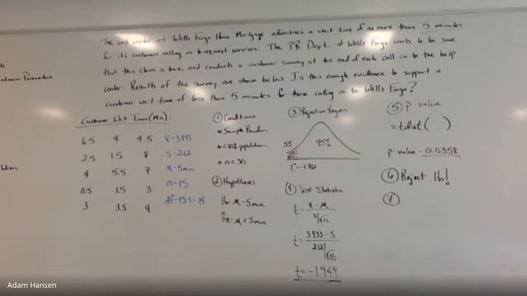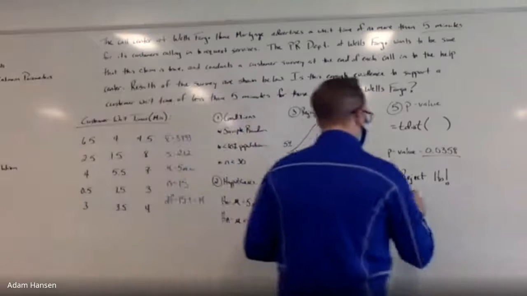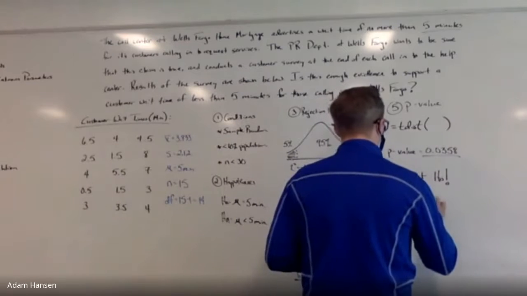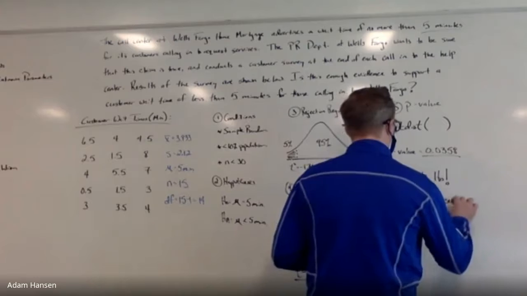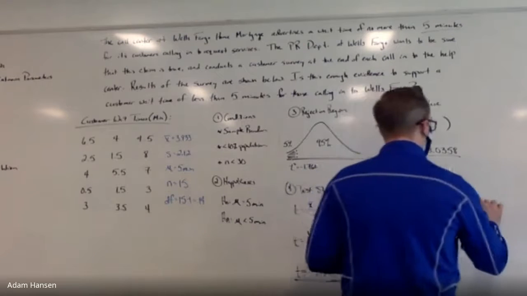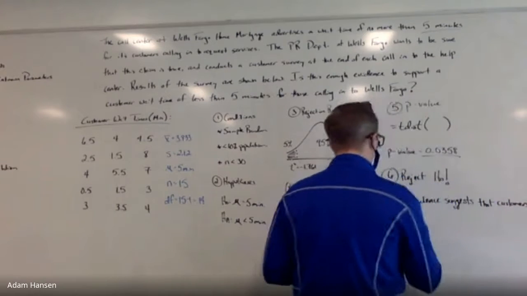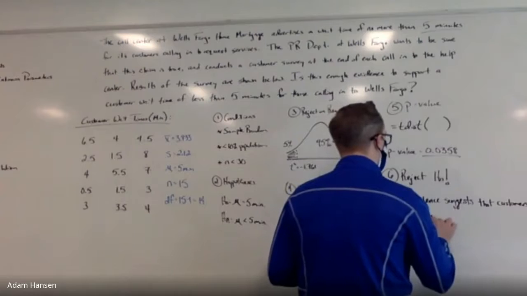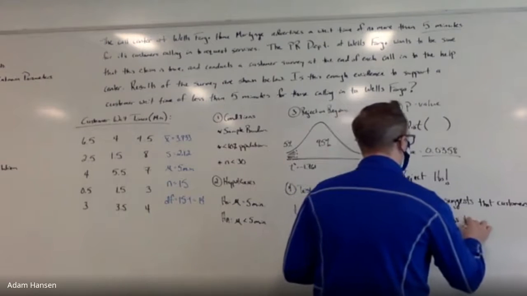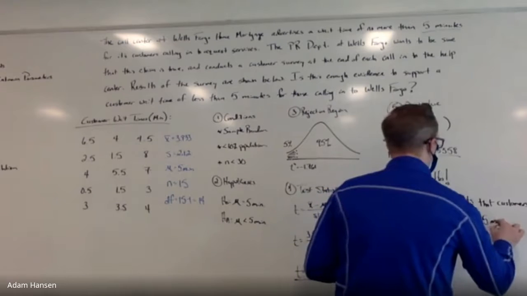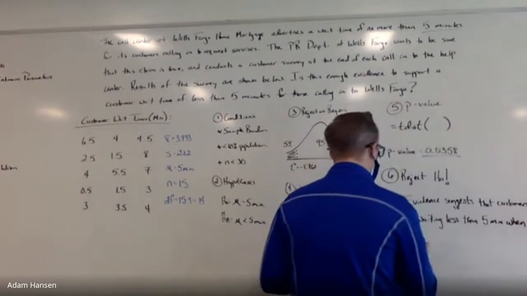Our evidence suggests that this claim is probably valid, right? I would expect a wait time of no more than 5 minutes, less than 5 minutes, for customers calling into the home mortgage service line. Evidence suggests that customers are waiting less than 5 minutes calling into Wells Fargo.